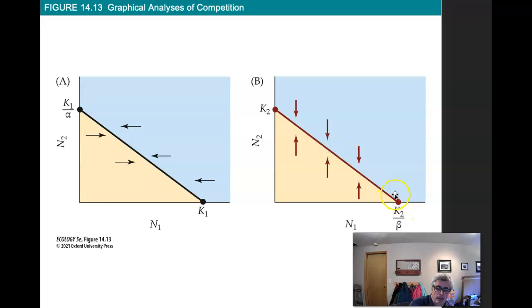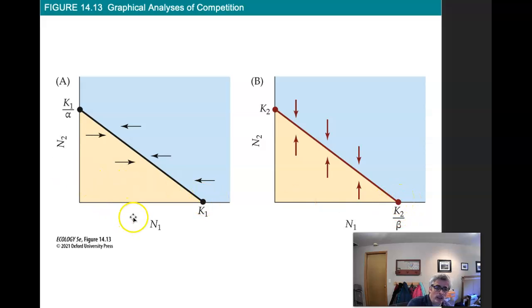And if there's no wolves in the population, the carrying capacity of coyotes would be K2 divided by beta. In that case, we said our carrying capacity of wolves was 100. Our beta was 0.5, so 100 divided by 0.5 would be 200.